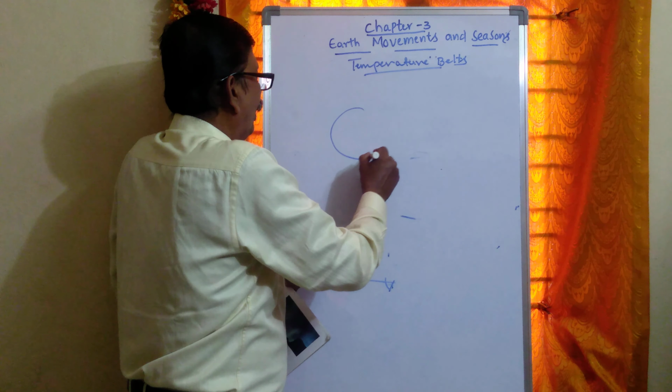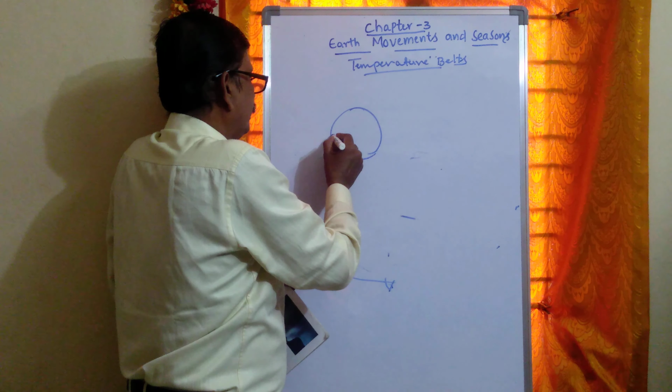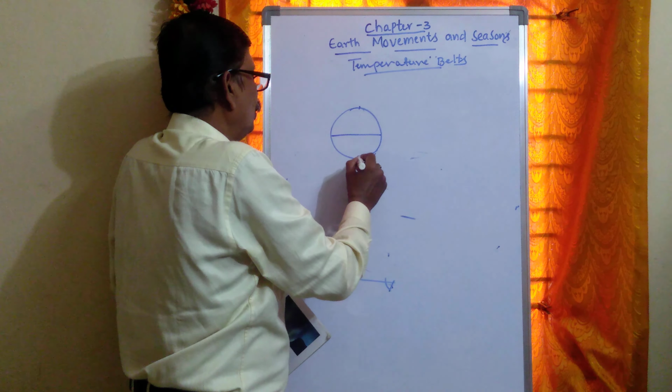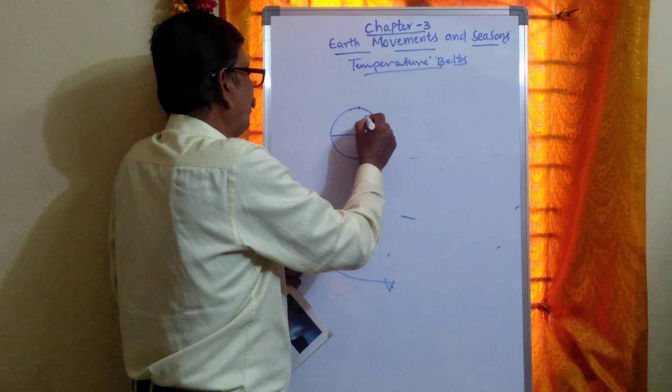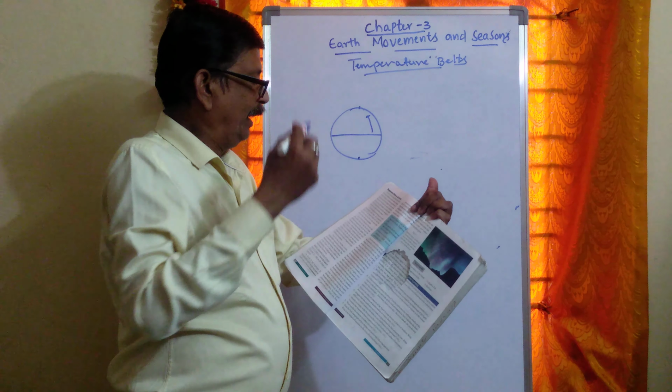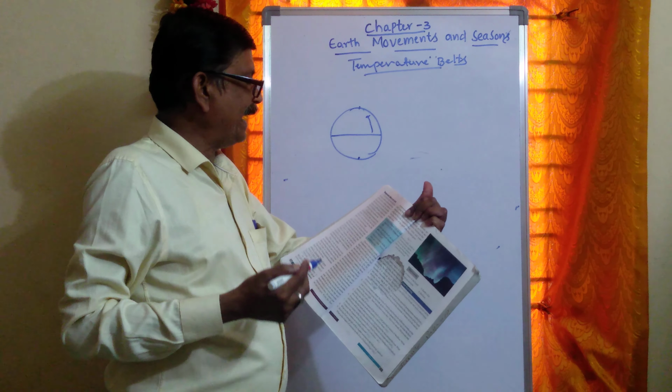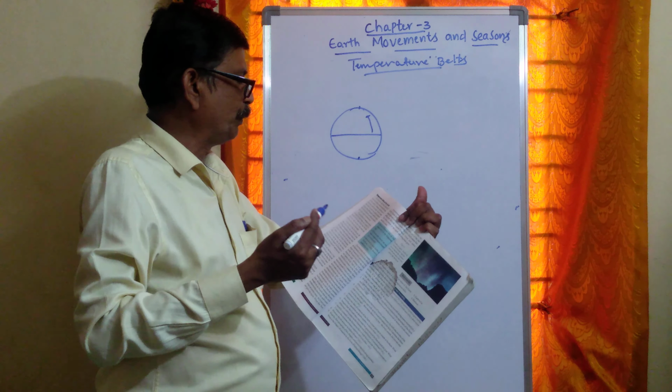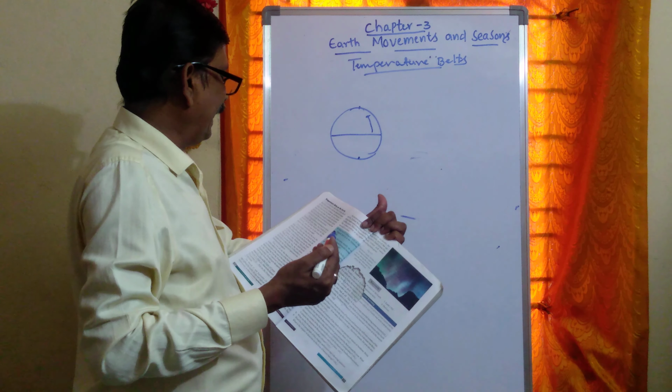This is our equator, these are the two poles. When you move toward the pole, the angle gradually increases. As a result, the areas which face the sun directly are hotter and the others less hot.